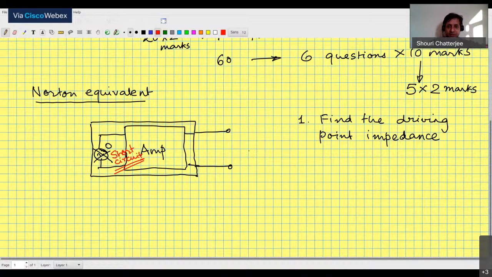If it's a current source, then you have to open circuit it, because 0 amperes current means open circuit. 0 volts voltage source is a short circuit. So if it's a voltage source, you short circuit it and then you look inside and find the resistance. This is your output impedance.